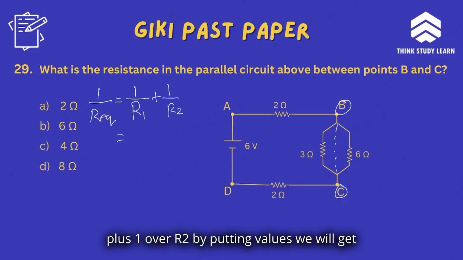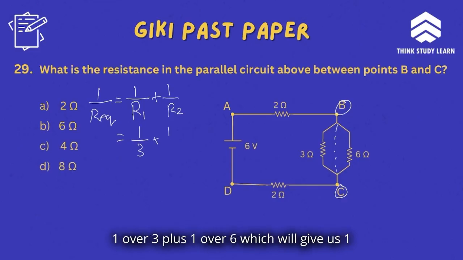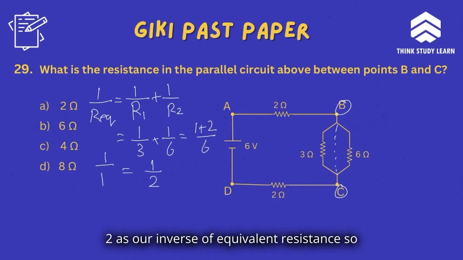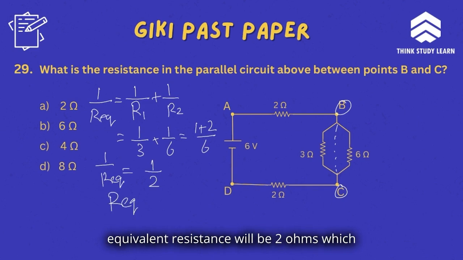By putting values, we will get 1 over 3 plus 1 over 6, which will give us 1 plus 2 divided by 6, and we will get 1 over 2 as the inverse of equivalent resistance. So equivalent resistance will be 2 ohms, which is option A.